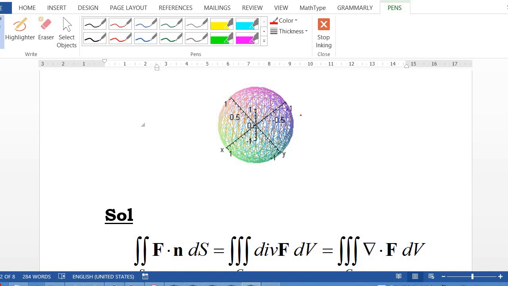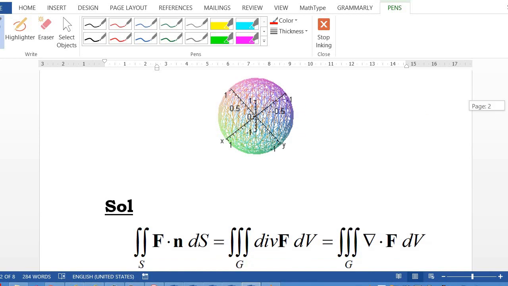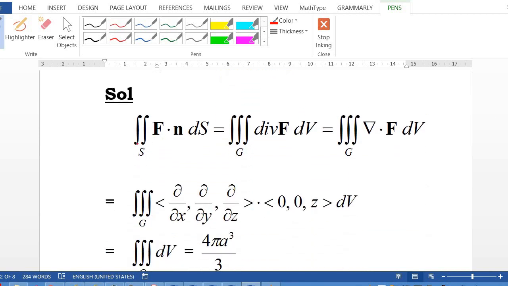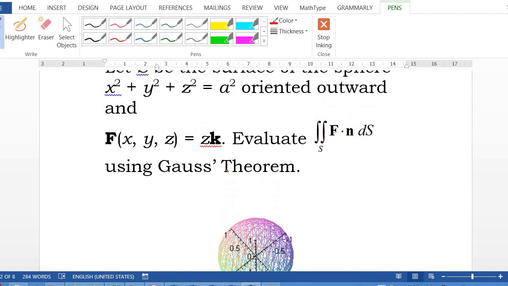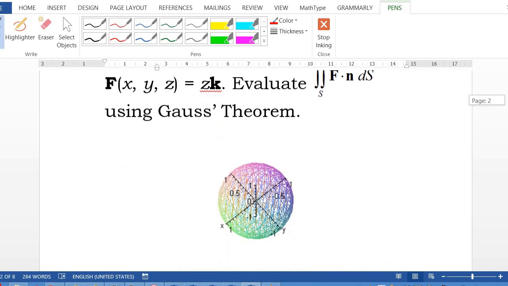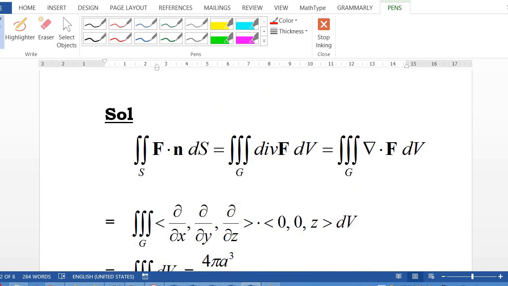So this is a sphere with radius a units. To use Gauss's theorem, instead of evaluating the flux integral, evaluate the triple integral of the divergence of F, which is del dot F. So del is del/del x i plus del/del y j plus del/del z k, dotted with your vector F. Your vector F in this case only consists of the component k with coefficient z.